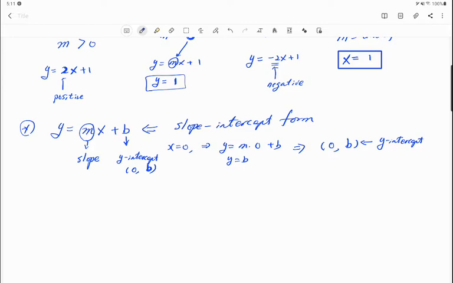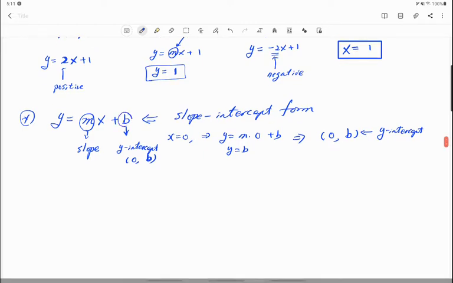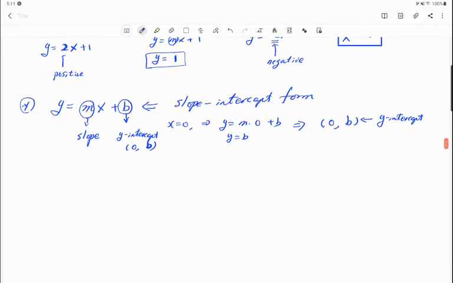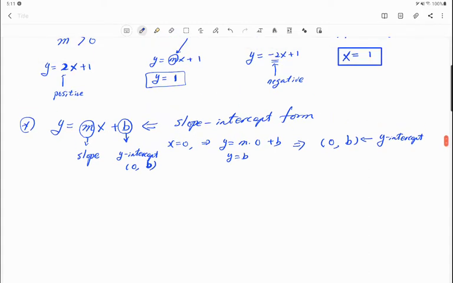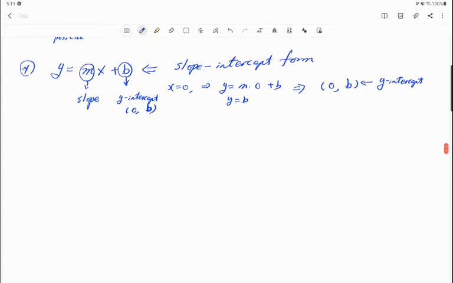The slope comes first, and then b is the y value of the y-intercept. So whenever you have a slope, you can replace this m with the slope value, and b is the y-intercept. Okay, so don't forget this information. This is one of the forms that we can write a linear equation.